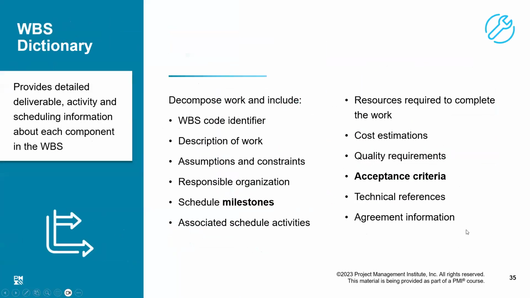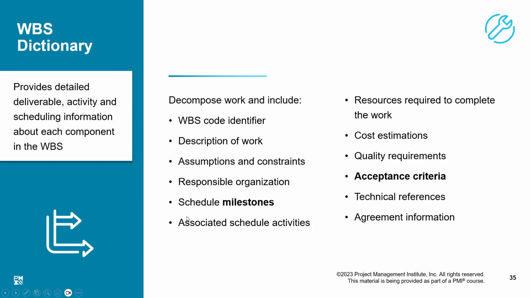And that list could be in this format. There could be a code, a WBS code identifier like code of account, that is 1.1.1. Then we say, what is this work package? Are there any assumptions or constraints in it? Who is the responsible organization for this?